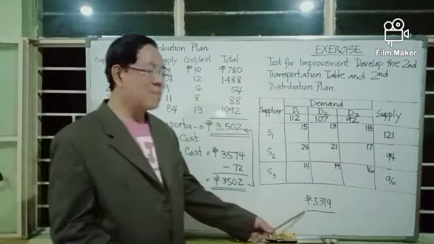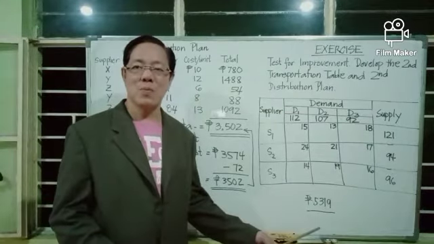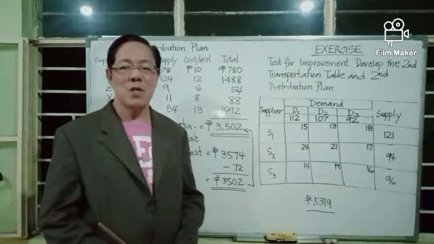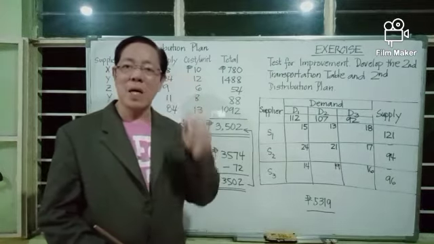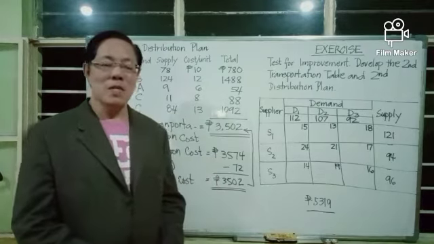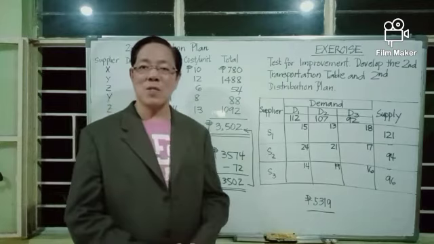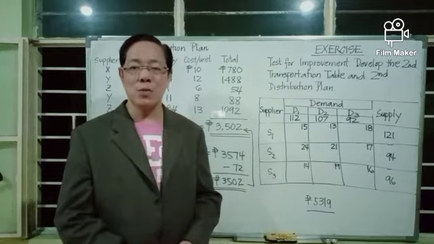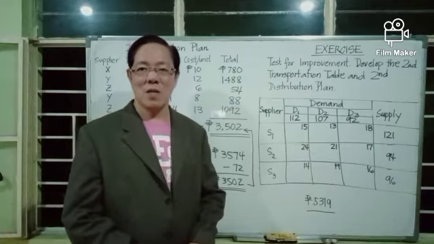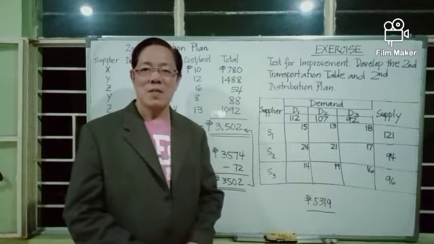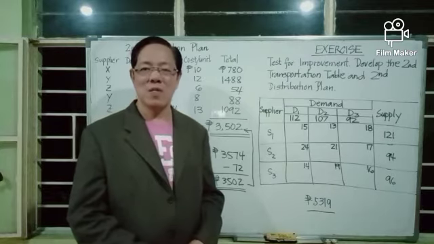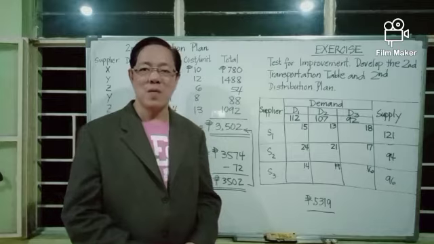From the initial transportation cost, you subtract the total decrease in transportation cost after you transfer some units to the vacant cell with the most negative net cell cost. And the total decrease in the initial transportation cost is the number of units you transferred to the vacant cell with the most negative net cell cost multiplied by the net cell cost of that vacant cell where you transfer some units, which is a negative number.